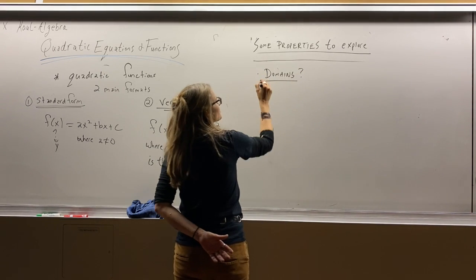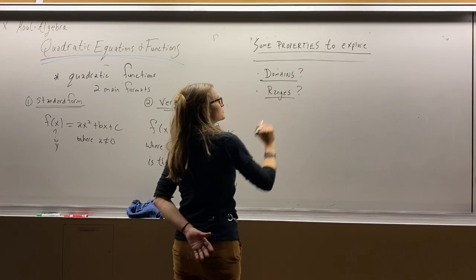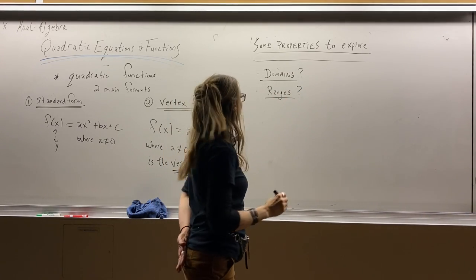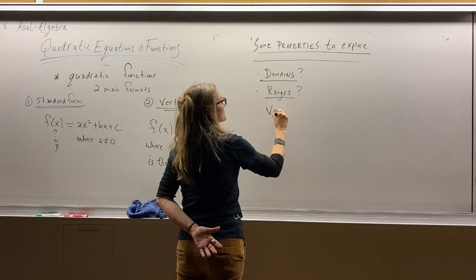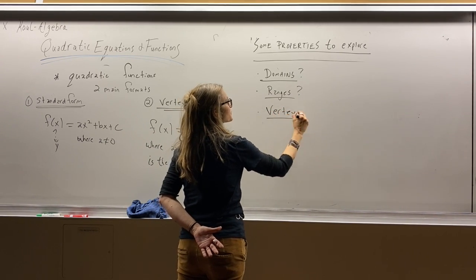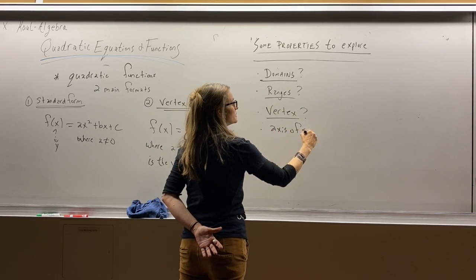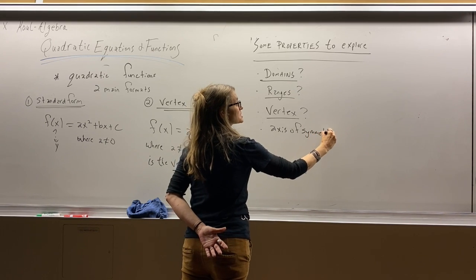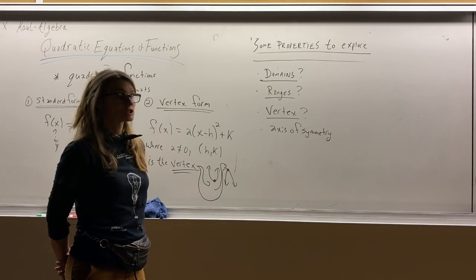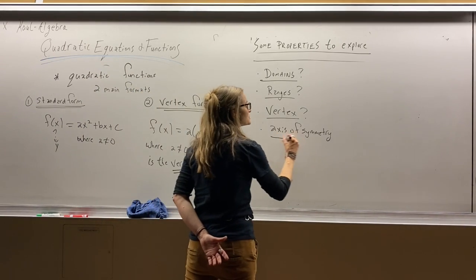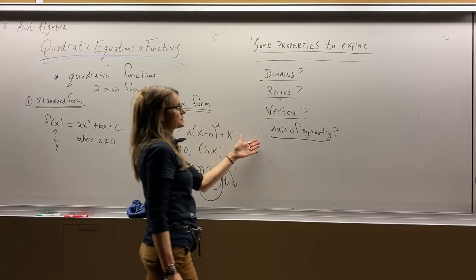What's different about the domains of quadratics, the ranges, and some of the other features that we have, which are minimum and maximum values. So we'll look at that as well, in addition to what the vertex is, something called the axis of symmetry. We'll see there's some symmetrical features of the graph that a quadratic function makes that we could use to assist us in graphing and apply. So we want to understand what that is.